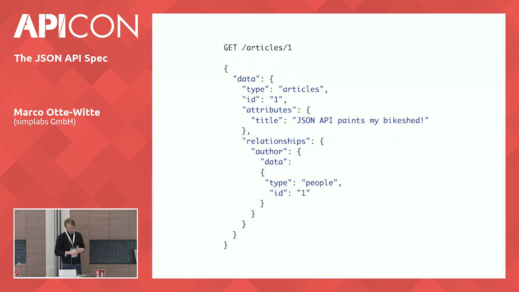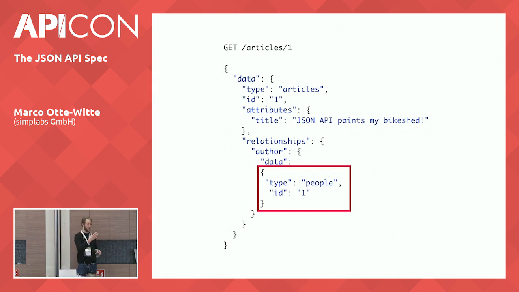And in this case here, it contains the relationship's contents directly. So you see that the article has an author relationship, and for that we include the relationship content in the response under the data key, and the content is basically all the data you need to identify the related object, which is type and ID, as we learned before.